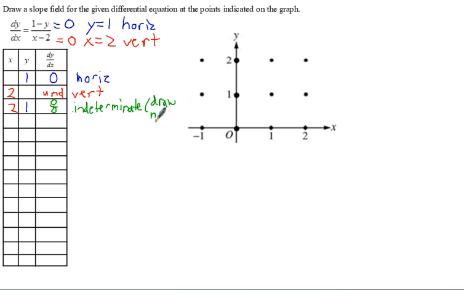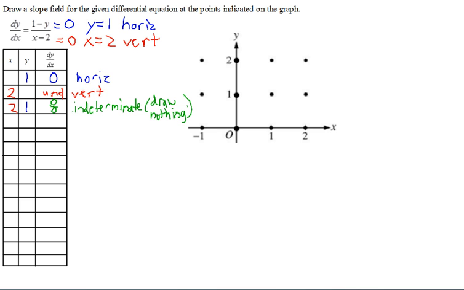Because it could mean one of two things. One thing it could mean is that the original function would never go through that point. Hence, there would be no tangent line to draw. Or, if it does go through the point, that the derivative doesn't exist there. So there is no tangent line. That's the other possibility.